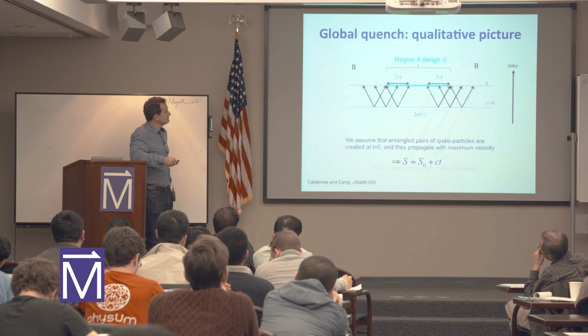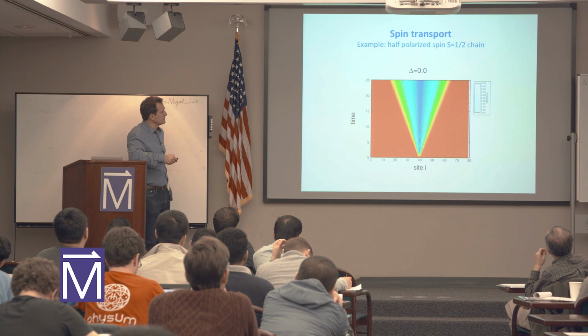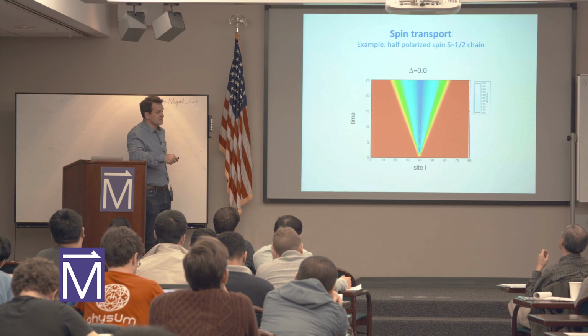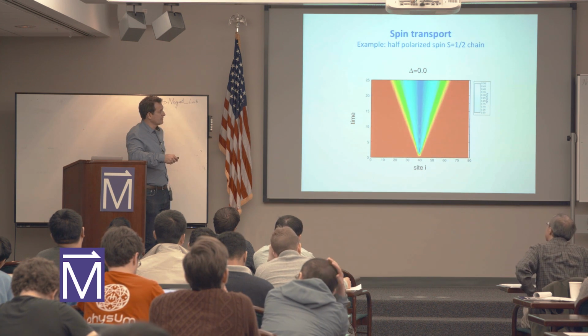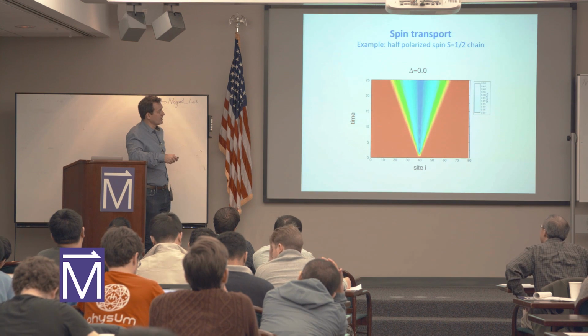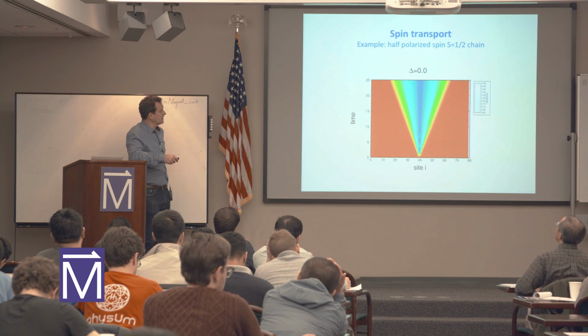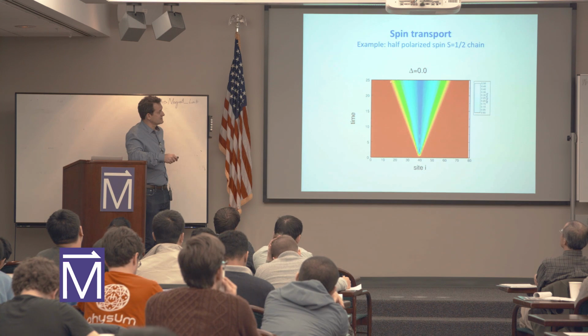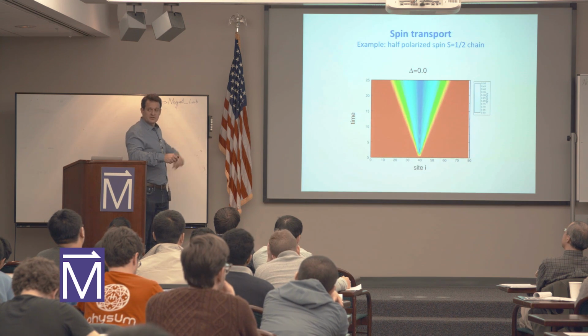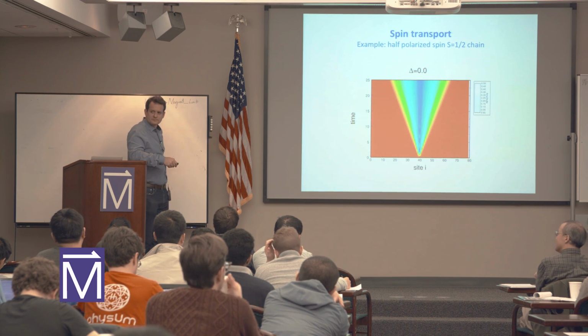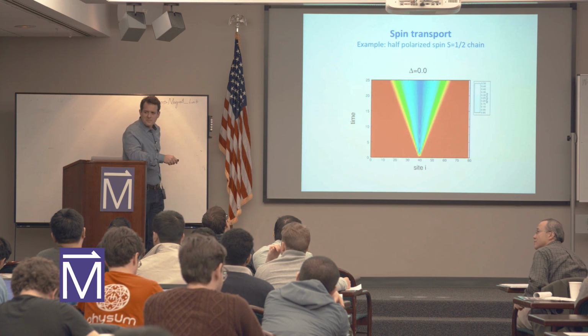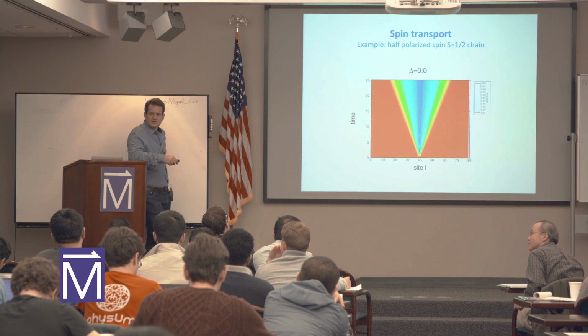So if you look at this light cone, you see that you're basically messing up with all these spins here and all these spins here. So now your entanglement is going to be proportional to the log of the length of this segment here. That's what's happening. So it seems the quasi-particle picture is good to explain the global quench, but not the local quench. Yeah, yeah.